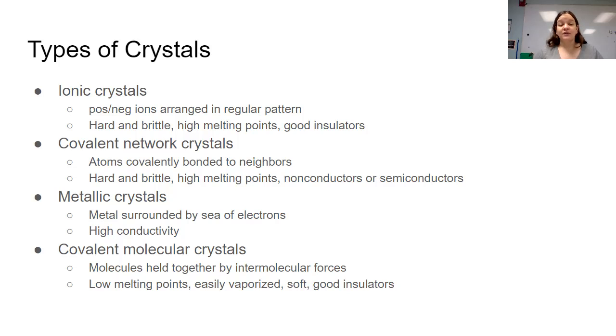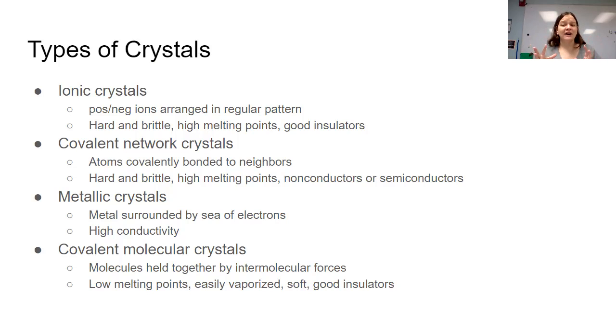And then the last type are the covalent molecular crystals, where you have what we call intermolecular forces that are holding these things together. We haven't talked a whole lot about intermolecular forces. These are things like hydrogen bonding, or what's called dispersion forces, London dispersion forces.